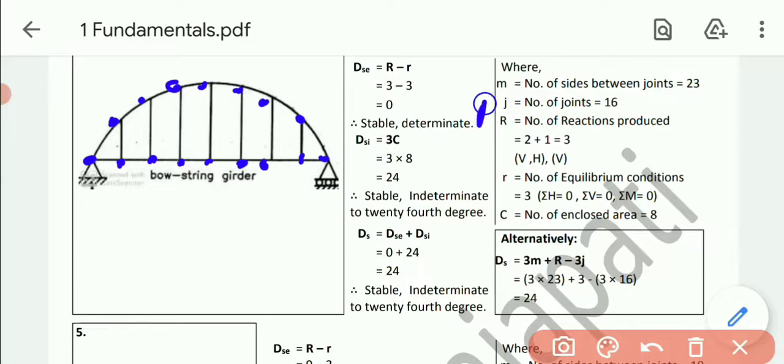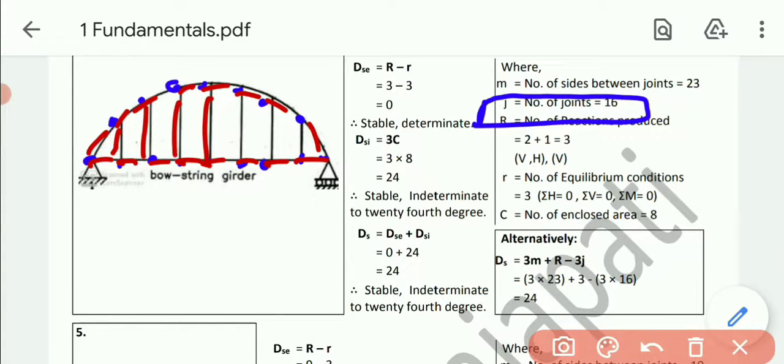Total number of joints is 16. M, the number of sides between the joints: 1, 2, 3, 4, 5, 6, 7, 8, 9, 10, 11, 12, 13, 14, 15, 16, 17, 18, 19, 20, 21, 22, 23. So M stands for the number of sides between the joints, that is 23.